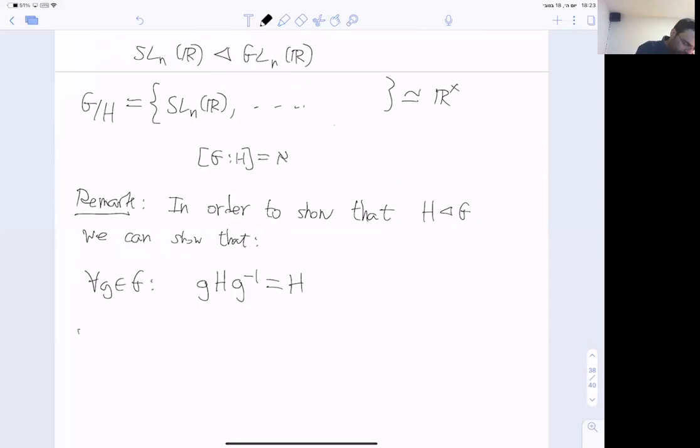Because this is the same thing as saying that gH is equal to Hg.